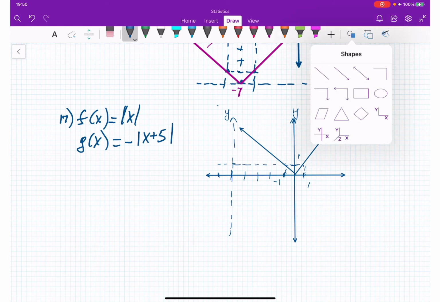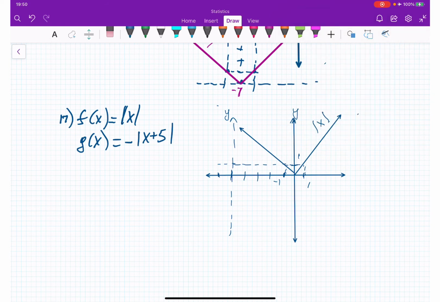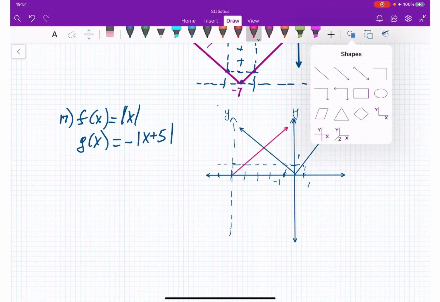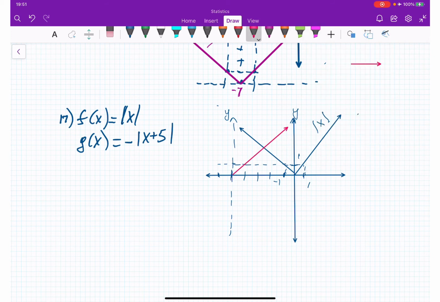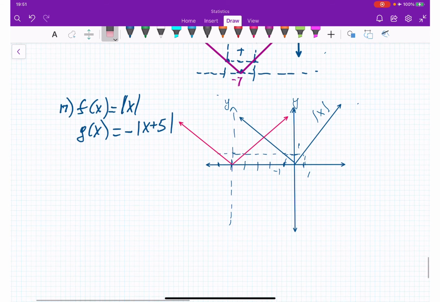The graph will look like, tell you what, let me change the sign, this one, and then, okay, this one is absolute value x plus 5.